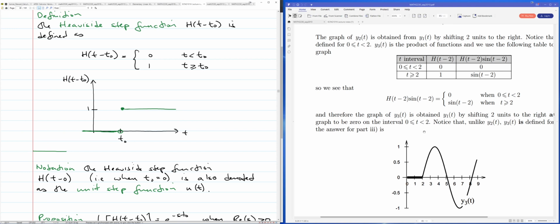So you could think of h(t-2) times sine(t-2) as just a t-shift of the sine with an additional piece of information that between 0 and 2 your function is equal to 0.